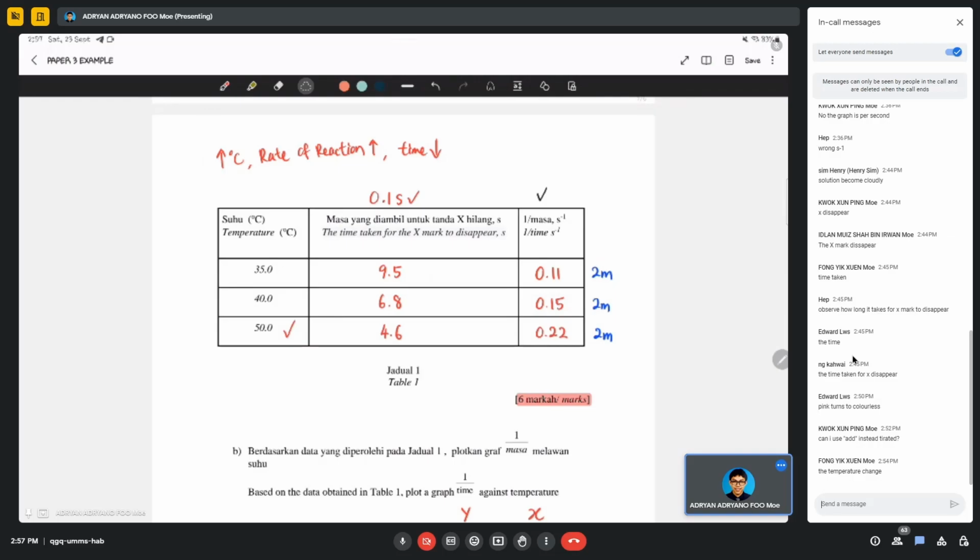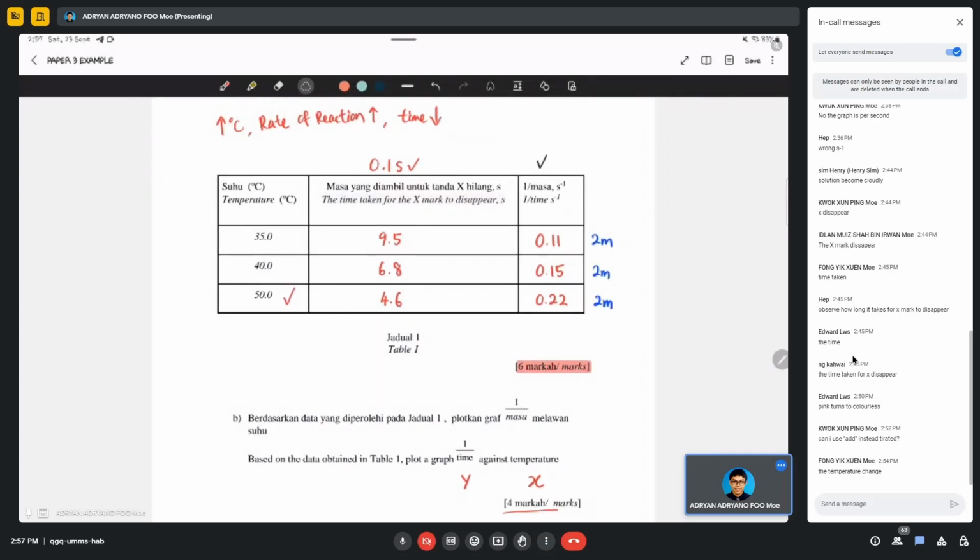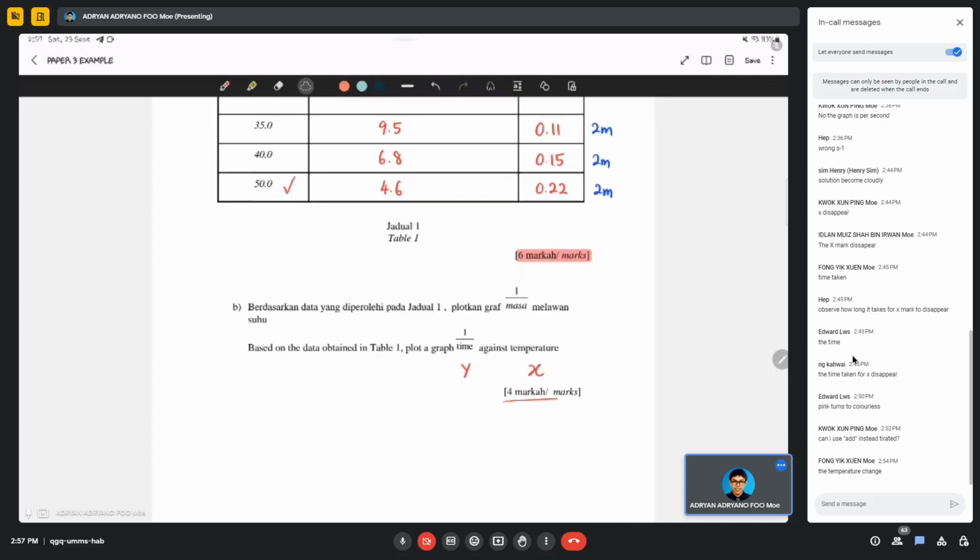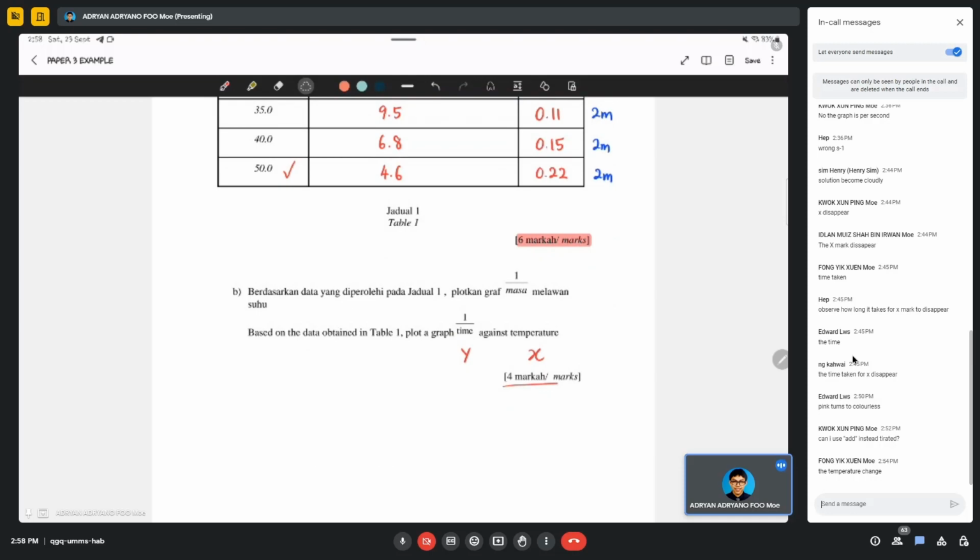Second thing, you must pay attention to the smallest interval, meaning the smallest difference. For example, a thermometer can measure down to 0.1 degrees, so my data must have one decimal place. For example, if I use a long ruler to measure a length that can only measure to 0.1, my data is also like 19.3 cm, something like that. Follow the measuring apparatus. And if calculation, we take 2 decimal places or 4 decimal places, but usually take 2 for graph. Same like your MX, take 2 decimal places.